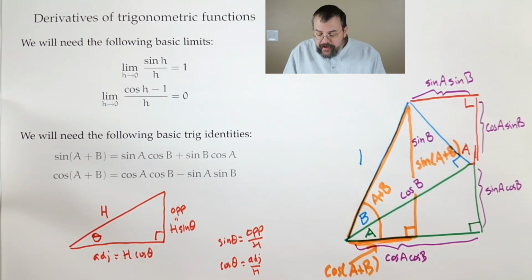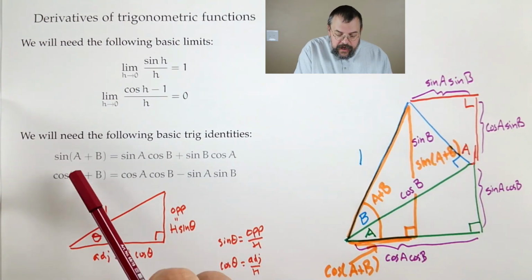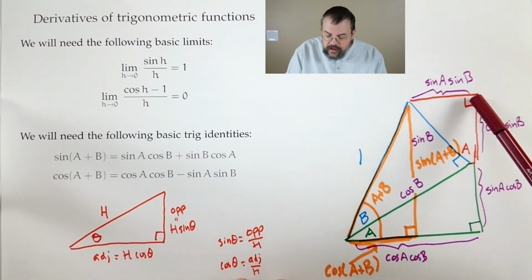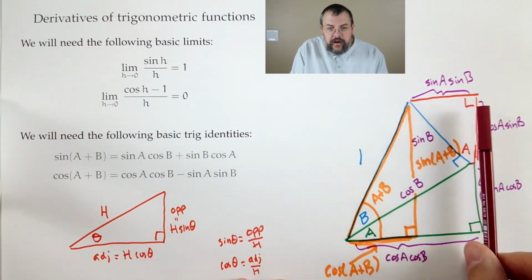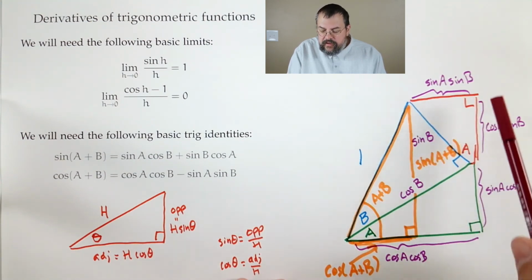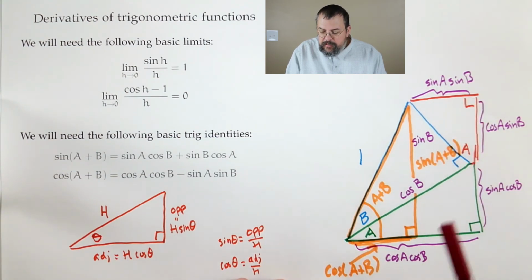All right, are you ready? Here we go. Check it out. Sine of a plus b. This length is equal to these two lengths together, because this is a rectangle here. All these corners are right angles. Since it's a rectangle, these two lengths are the same. So sine of a plus b is sine a cosine b plus cosine a sine b.